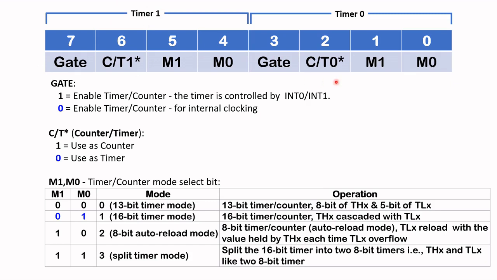As you may have observed, the bits in timer 0 are identical to the bits in timer 1. So let's focus on timer 0. So if gate is set to a 1, logic 1, then the timer counter is enabled, and the timer is controlled by interrupt INT 0 or interrupt INT 1.